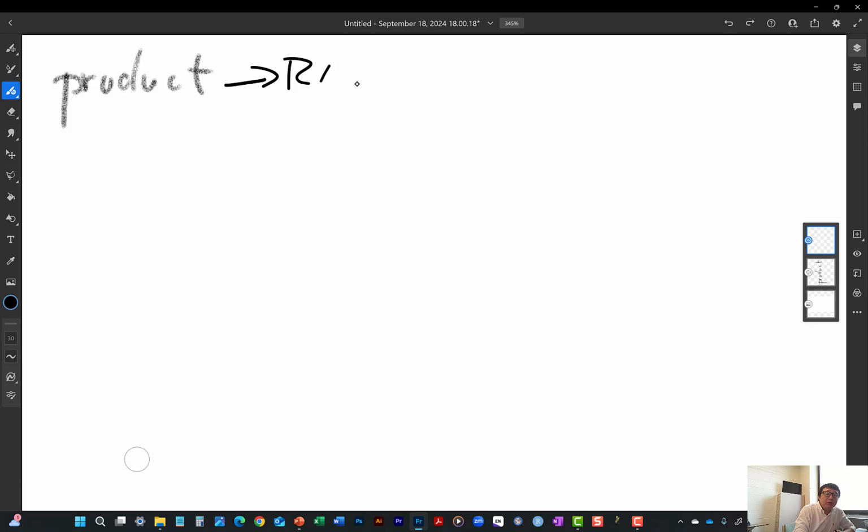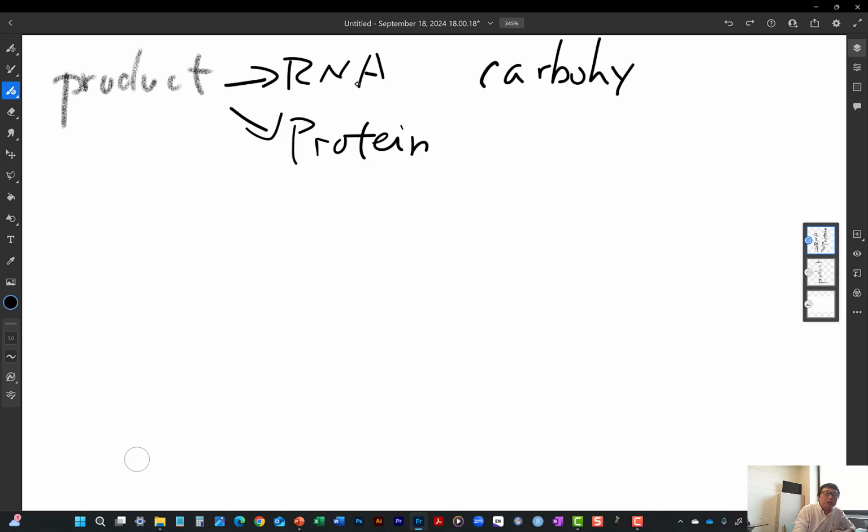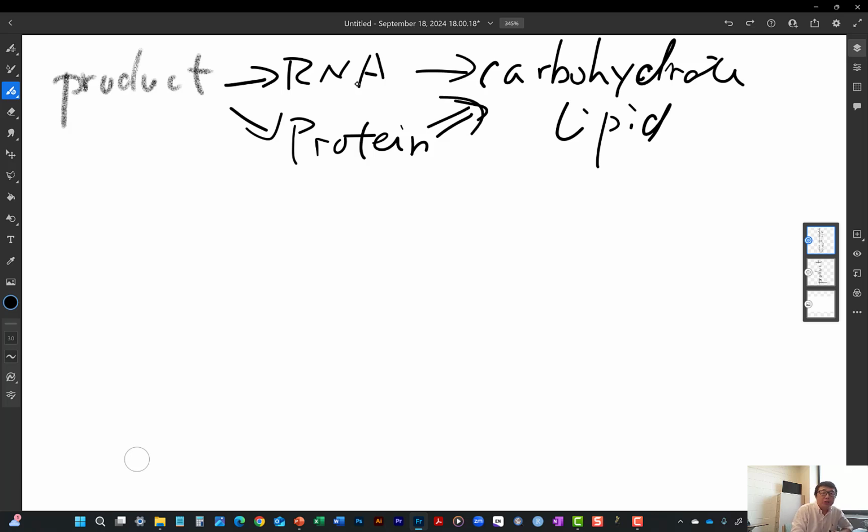This can be an RNA or a protein. So a gene product cannot be a carbohydrate or lipids. But carbohydrates and lipids are mainly made by proteins acting as enzymes to make carbohydrates and lipids.